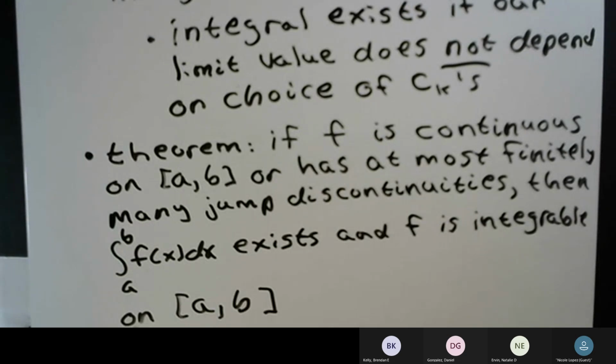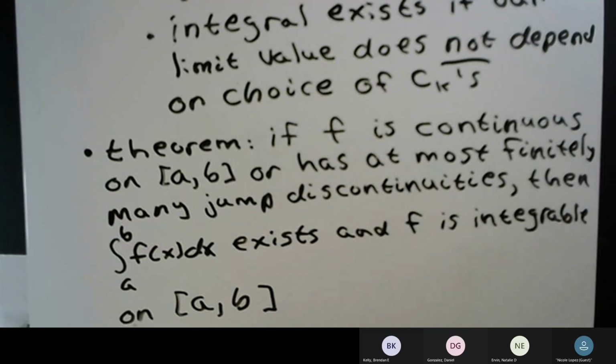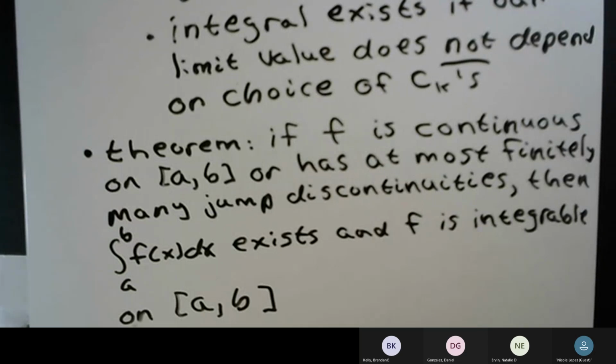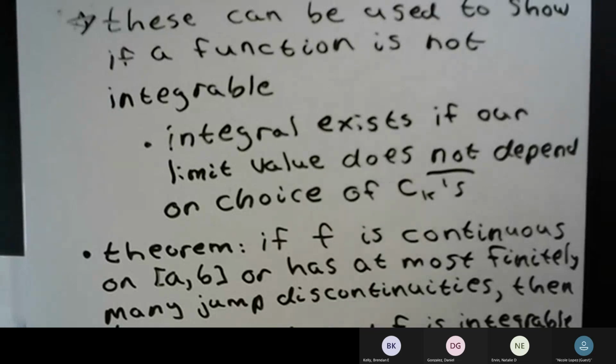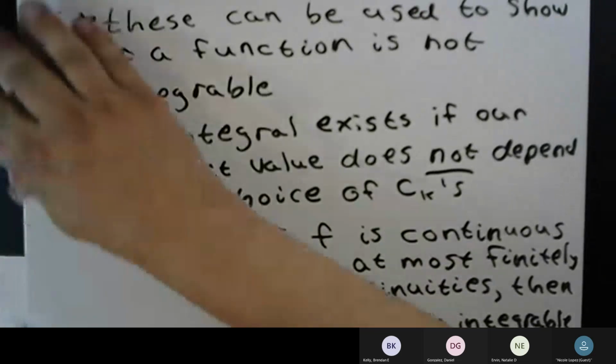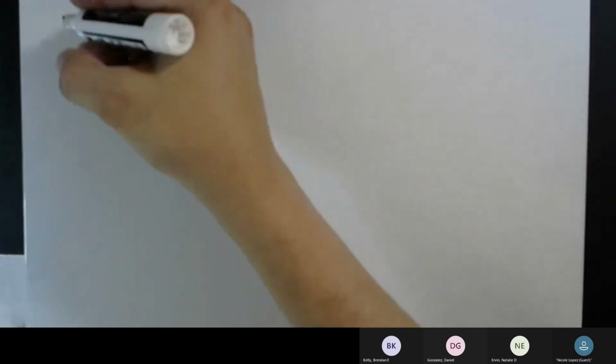If you're trying to integrate 1 over x from -1 to 1, you're going to have that vertical asymptote, and 1 over x is not going to be integrable. The function they're talking about in this example, what they're getting at, I'll go over just a bit, because this is all being a little too mysterious.